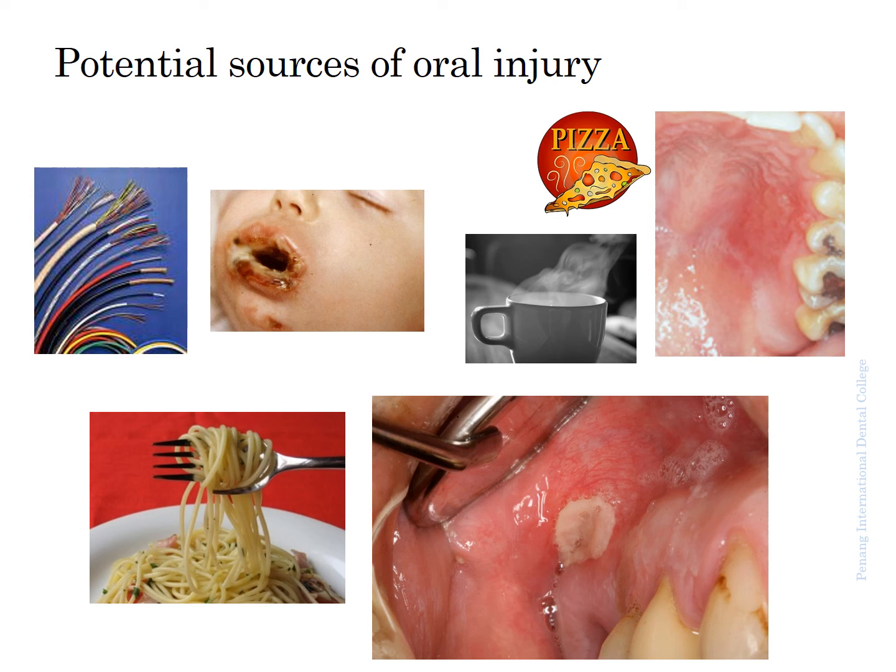And pizza burn, as an example of a thermal burn, or even accidentally sharp instruments or sharp cutlery, or even toothbrushing, which can lead to traumatic ulcers in the oral cavity.